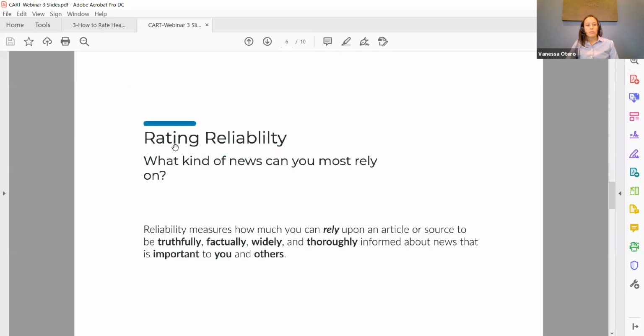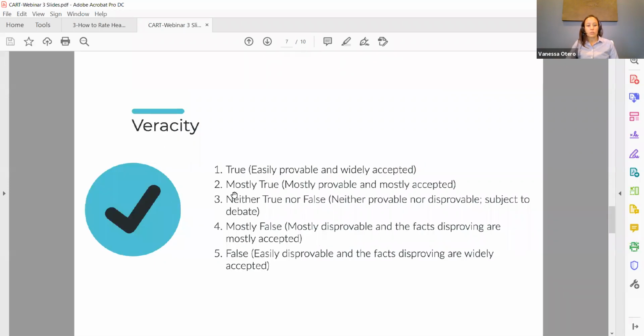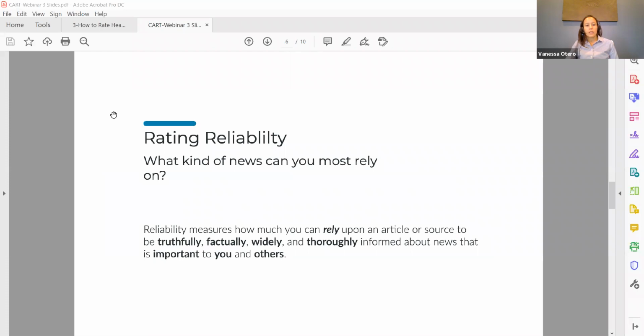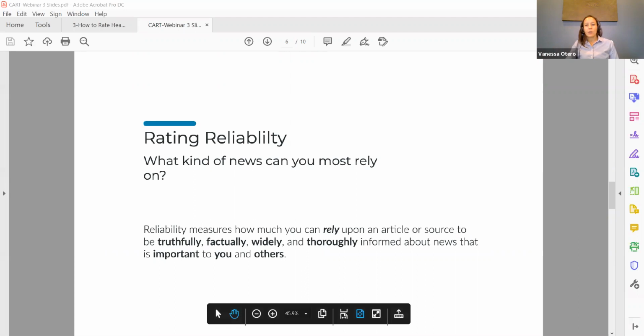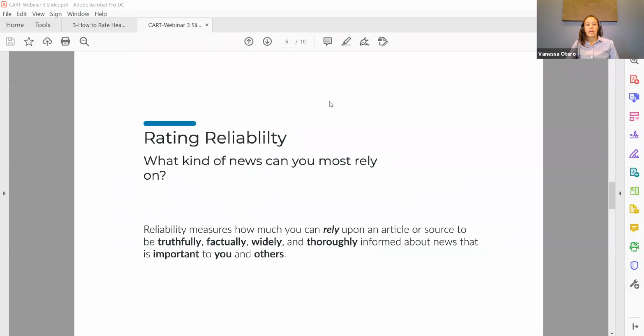So reliability measures how much you can rely upon an article or source to be truthfully, factually, widely, and thoroughly informed about news that is important to you and others. So the reason we define it like this, and one way you can think about it, is in terms of what you would tell a person who is totally new to this country to read in order to get fully informed, right?